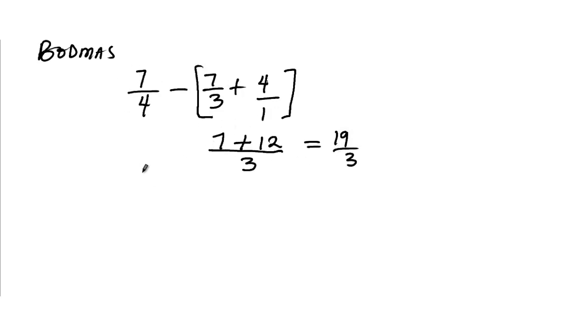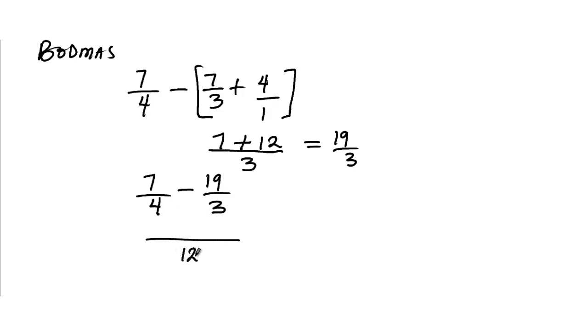So if I want to rewrite it, I'll write 7 over 4 minus 19 over 3. The next thing is to find another LCM. The LCM here will be 4 times 3, or you look for a factor that can be divided by 4 and 3. And I think the lowest common multiple in that case is 12.